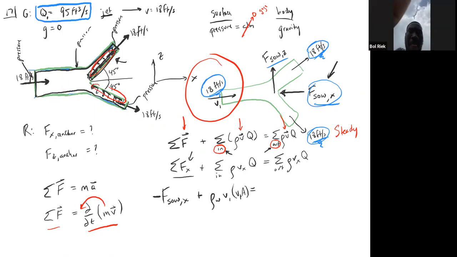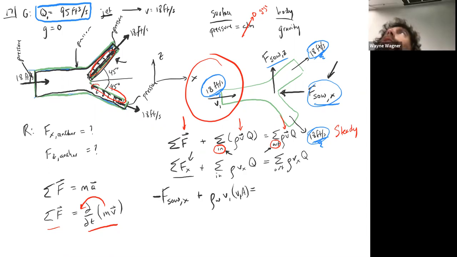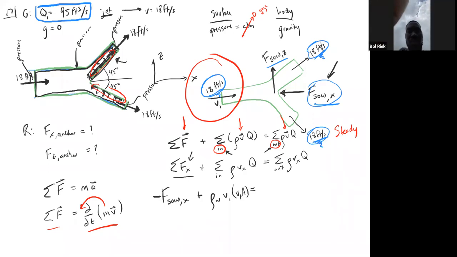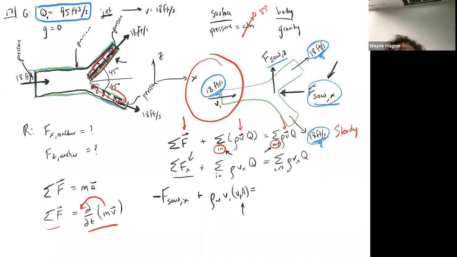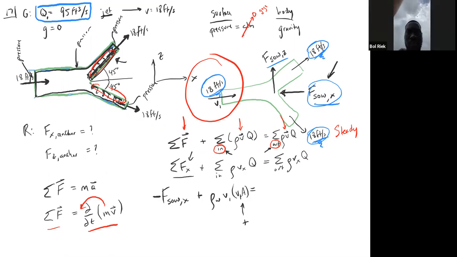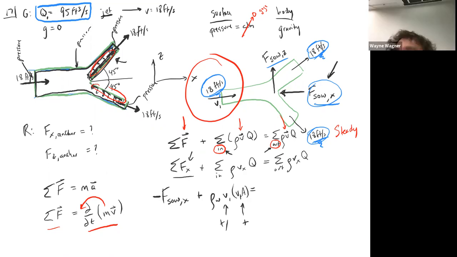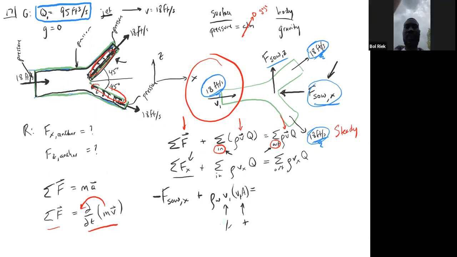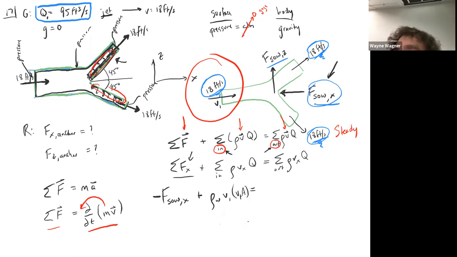But in this case, if they give us Q, just use the Q. There's no reason to do that. The trick here is to make sure that you keep Q positive. No matter what the velocity is, you want this Q to be positive. The velocity has a sign, plus or minus, but Q has to have a positive sign. So I'm going to go back and keep calling it Q1.